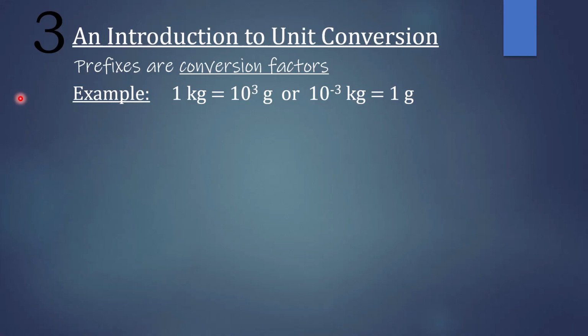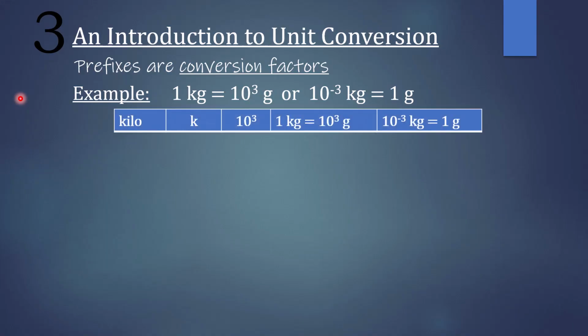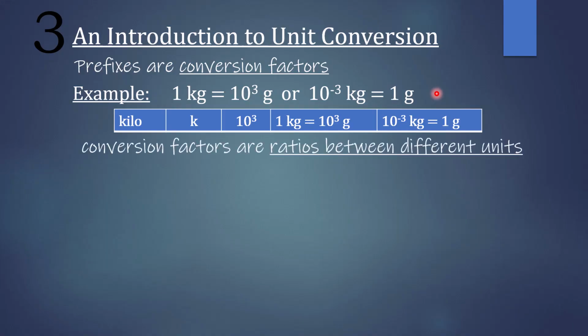So for an example, I just clipped this row right here directly from our table on the preceding slide. And again, we have this relationship that 1 kilogram is 10 to the third grams, or 10 to the minus 3 kilograms is equal to 1 gram. Now, these conversion factors, I can really think of as ratios between different units.